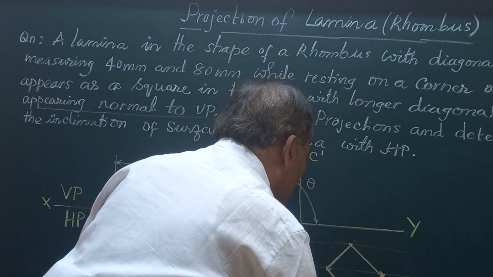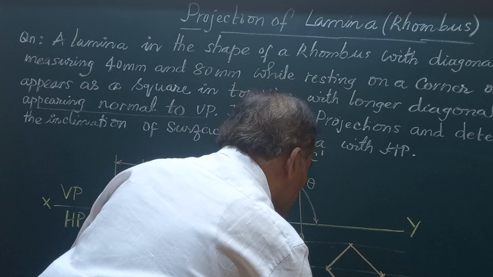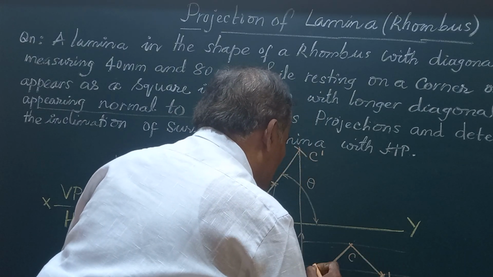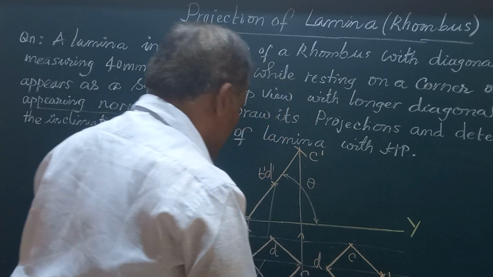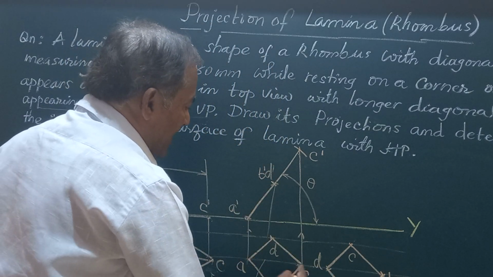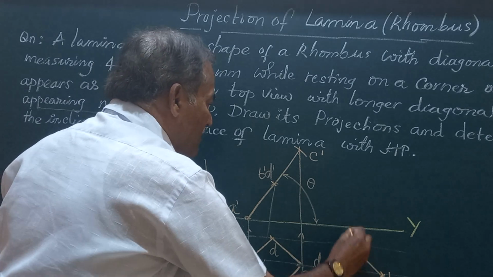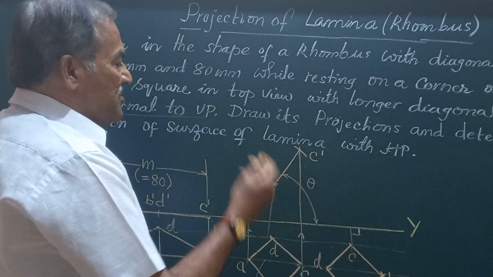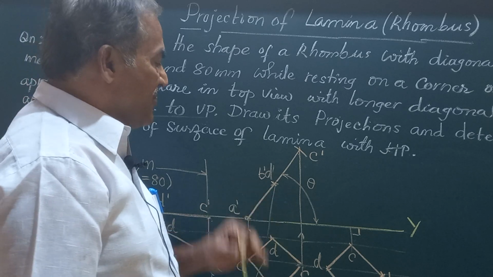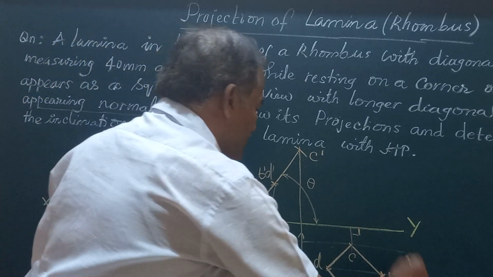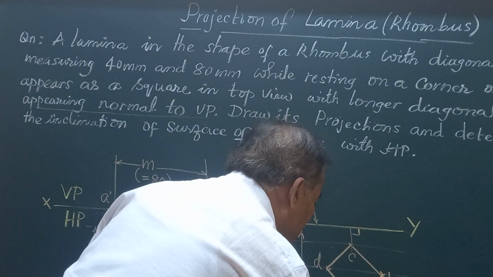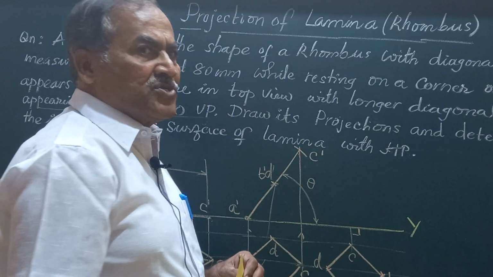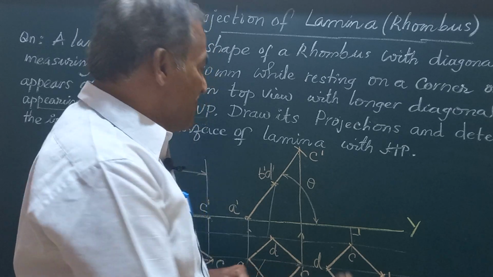So this we can call A, B, C and D. In this A, B, C, D, the AC which was parallel to VP has become perpendicular to VP, and we should get the corresponding front view for this. So this square will give you the final top view of the lamina, corresponding to which we are going to get the front view.